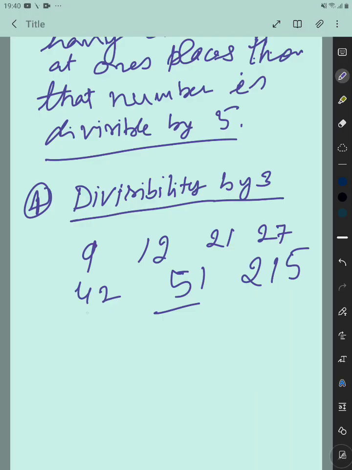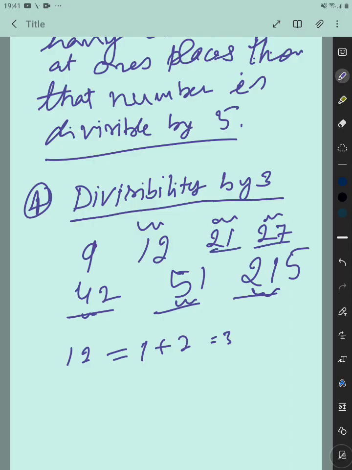So since there is no pattern visible here, we need to find some way so that we can make some patterns, okay. We can see that if you add these digits, sorry, not numbers but digits, then something will come out. If you add 1 and 2, you get 1 plus 2, which is 3.